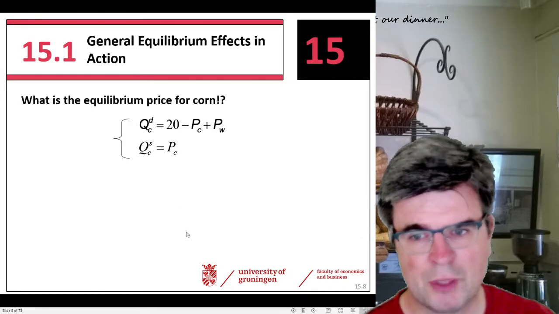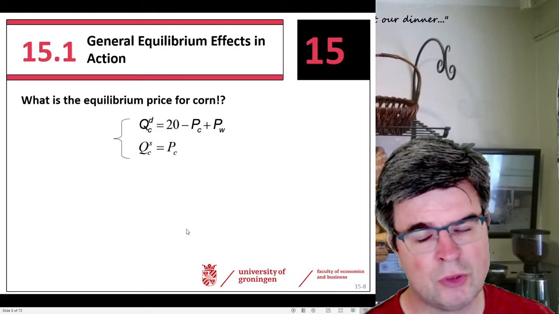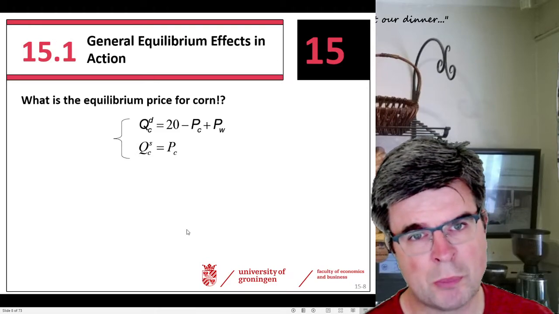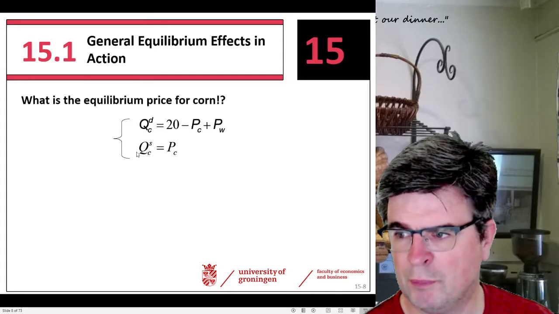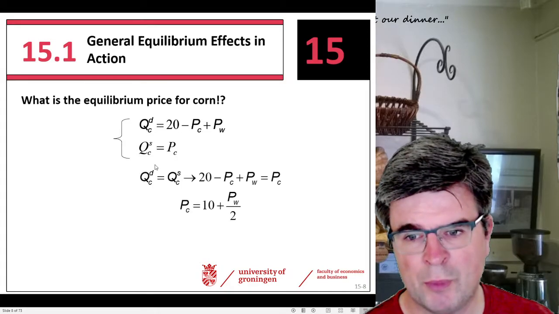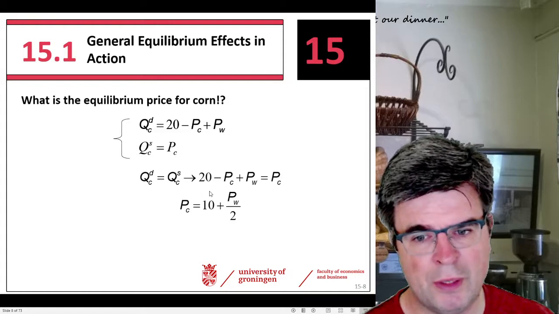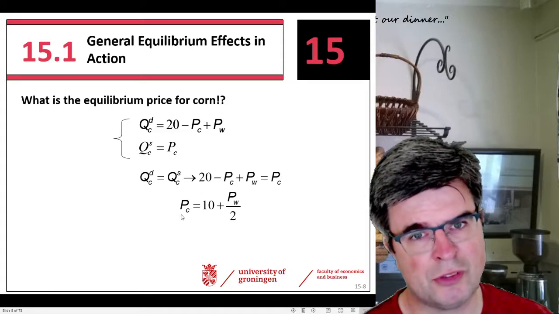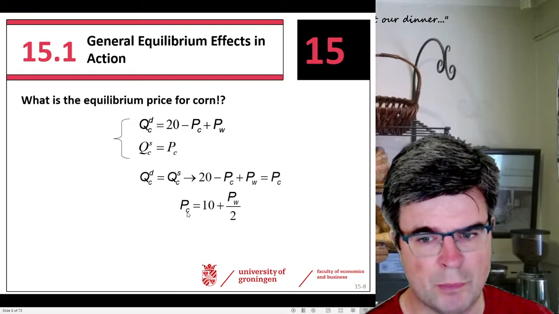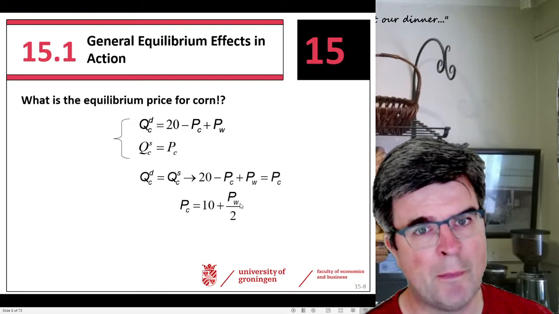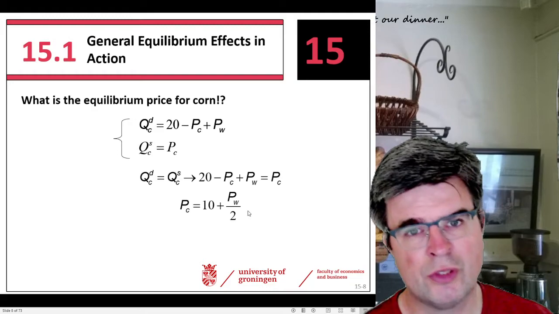So the equilibrium price for corn is also established by equating the supply and the demand for corn. So here we have the demand for corn, here we have the supply of corn. When we equate these two, then we arrive at an expression that gives us the price of corn as a function of the price of wheat. So PC is 10 plus PW over 2.